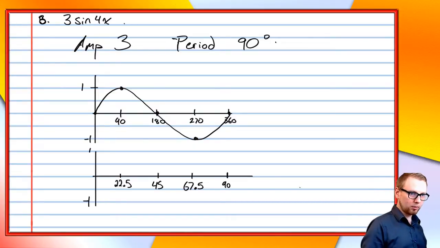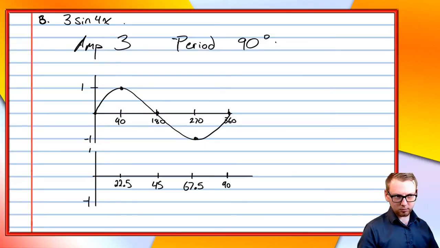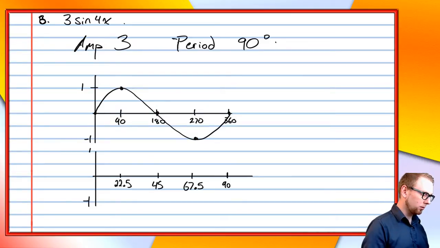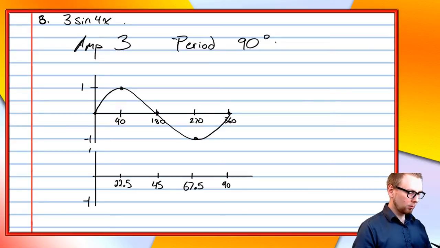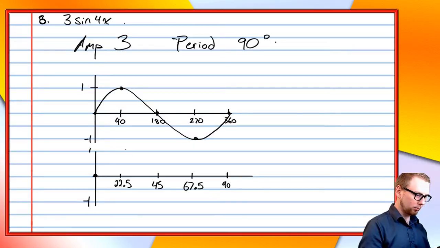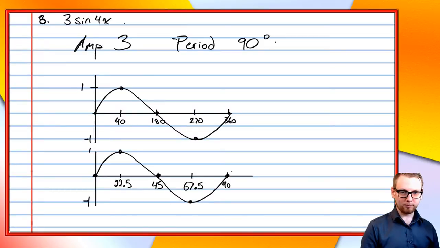So if we were still going 360 degrees, oh, we're only sketching 1 cycle. Still starting at 0, but now everything's been compressed. So 90 goes to 22.5, 180 to 45, 270 to 67.5, 360 to 90. It would just be much more condensed.